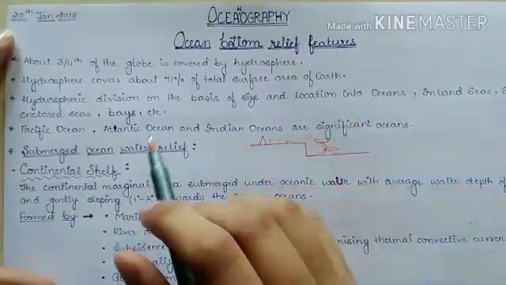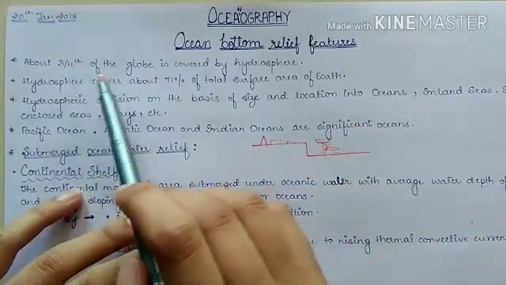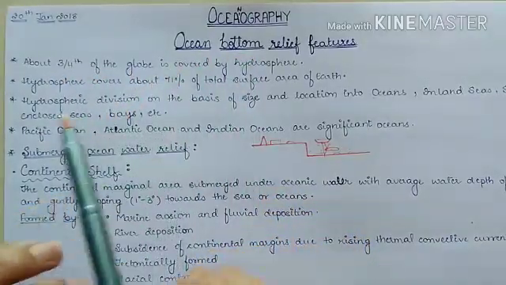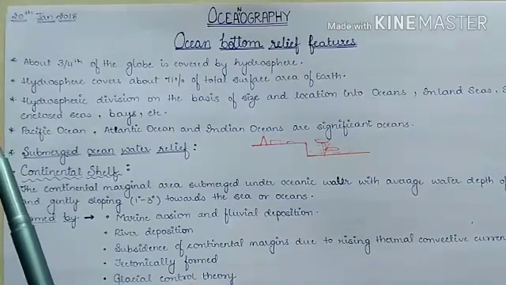Now, first we will look into some basic information. We all know that 3/4 of our globe is covered with hydrosphere, and hydrosphere covers about 70% of the total surface area of Earth.